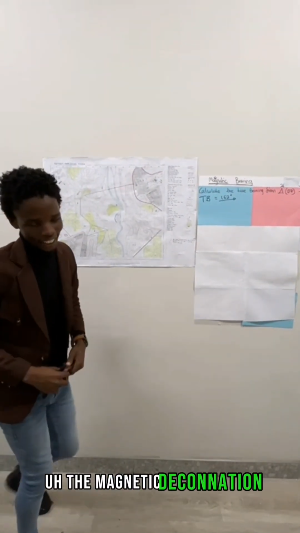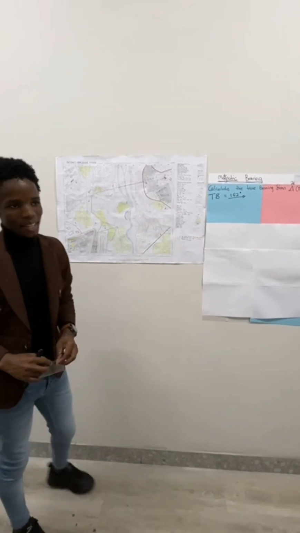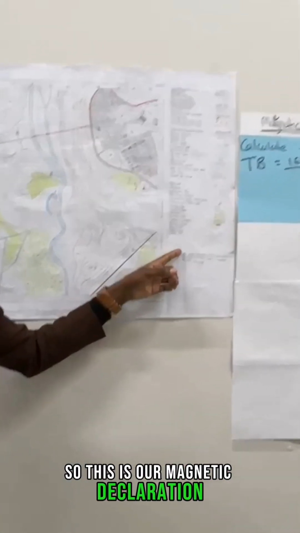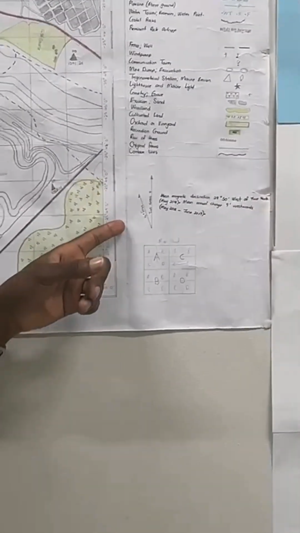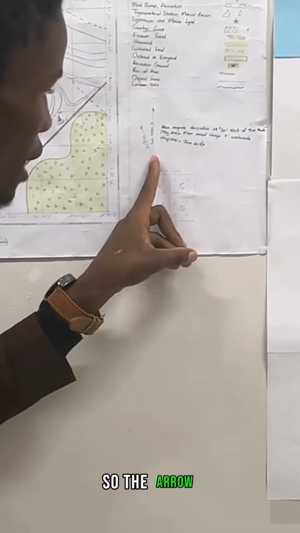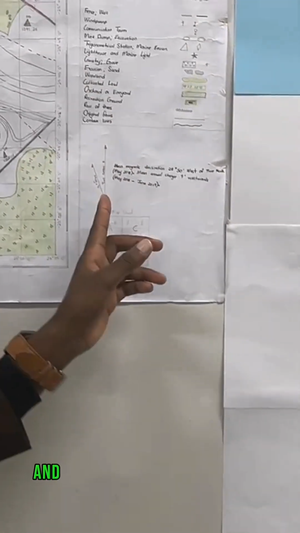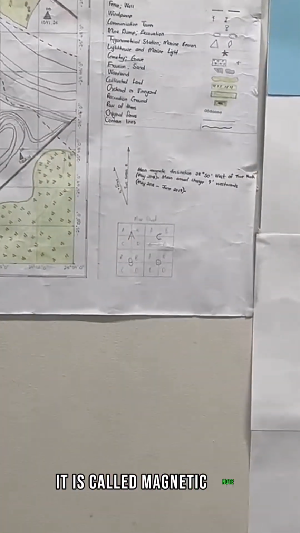The magnetic declination. This is the easiest calculation on the map. What you have to know is only the steps. So this is our magnetic declination. The longest arrow is called true north, and the slanted or diagonal arrow is called magnetic north.